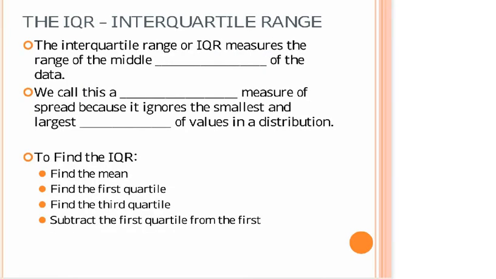The interquartile range, or IQR, measures the range of the middle 50% of the data.